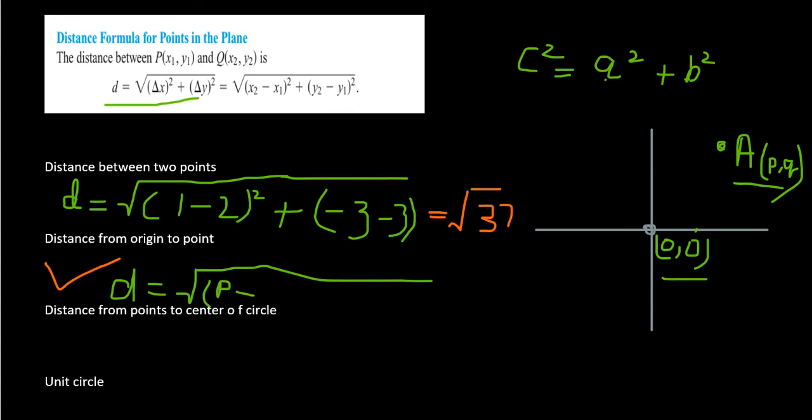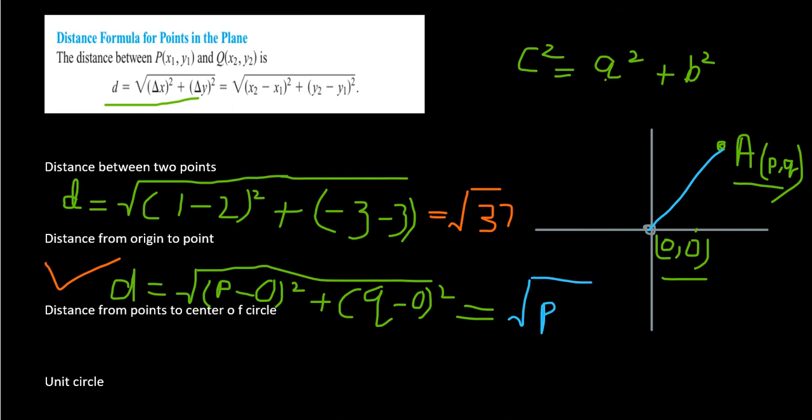P minus 0 all raised to power square plus q minus 0. So the distance between both points will be under root p square plus q square.